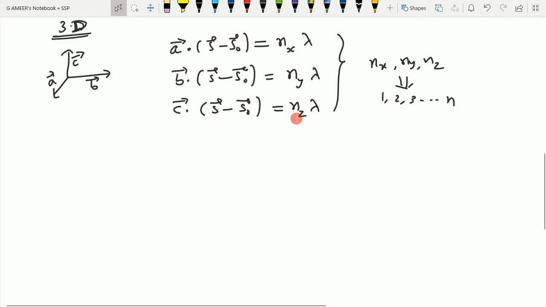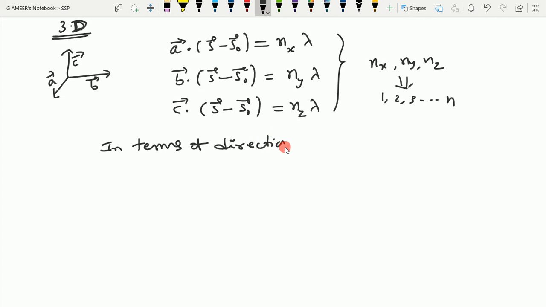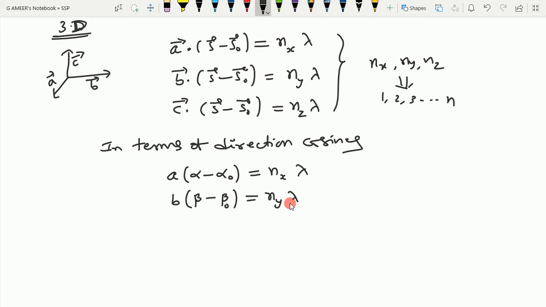We can write this in terms of direction cosines: A (alpha minus alpha naught) equals nx lambda, B (beta minus beta naught) equals ny lambda, and C (gamma minus gamma naught) equals nz lambda.